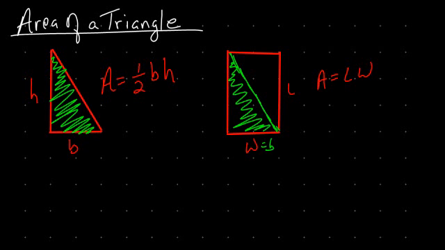When we're talking about a rectangle, we usually call it width. And instead of length, call that our height. It makes sense that the area of our triangle is going to be half of the area of the rectangle. So we get our formula here where area equals 1/2 base times height.